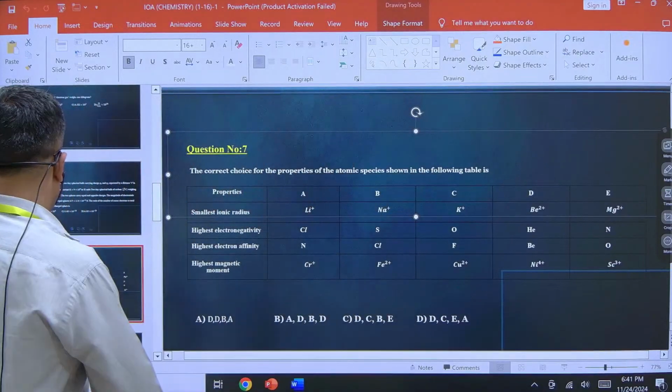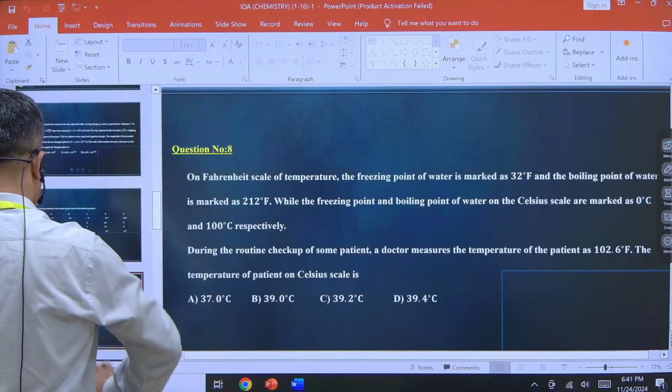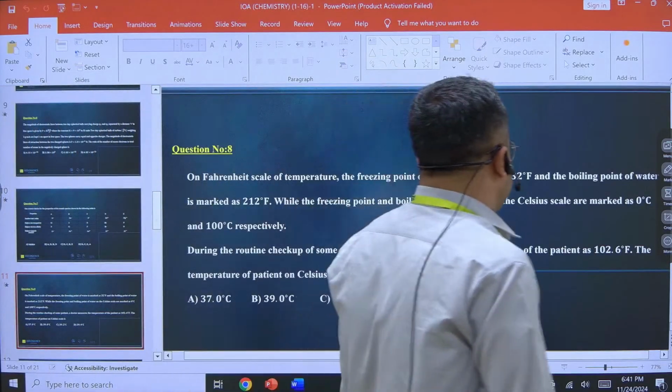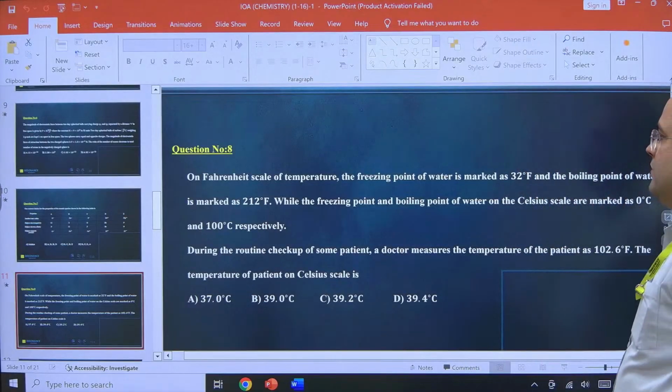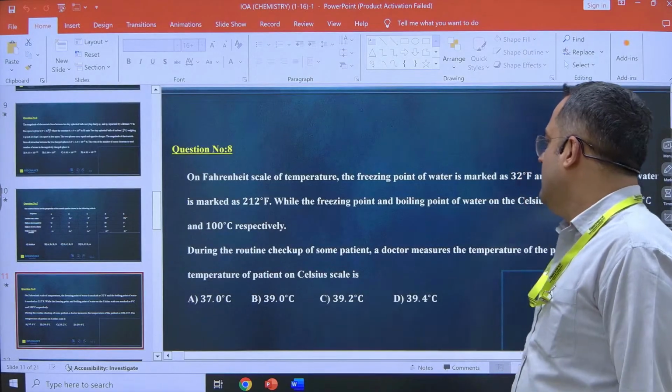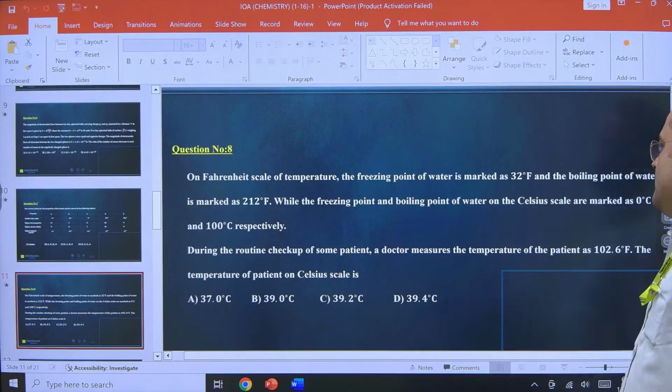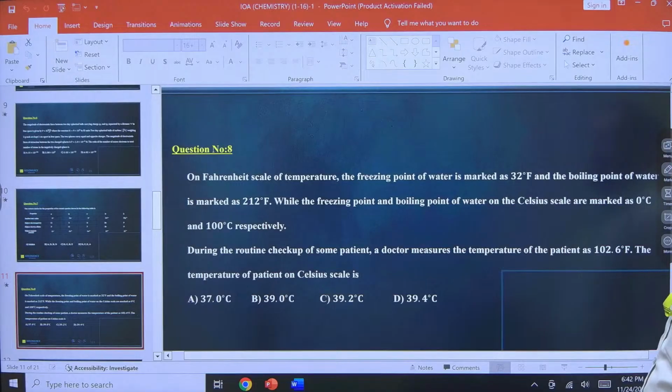Moving to next question. It is a very basic question. We just have to convert the temperature from degree Celsius to Fahrenheit, and if Fahrenheit is given, we have to convert into degree Celsius. What is the question? First read it.